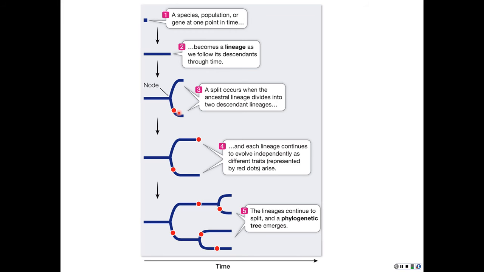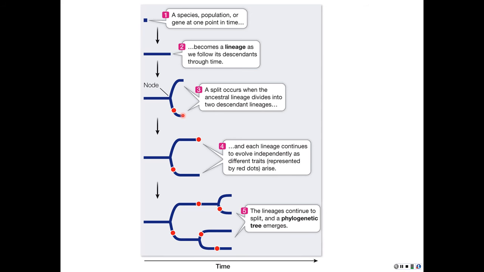Now, I said species, we could also be talking about changes in genes or changes in populations, or changes in larger groupings like phyla. In any case, I'm going to say species because it's kind of easier to wrap our head around. So we have this species through time, a lineage, and it splits into two different species, descendant lineages.